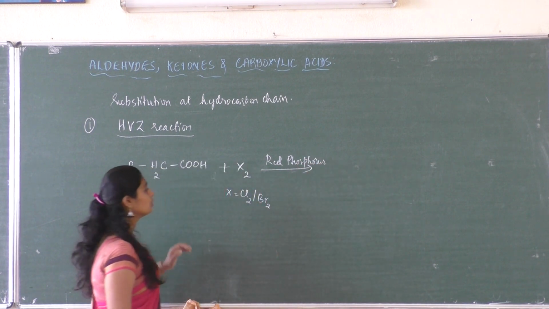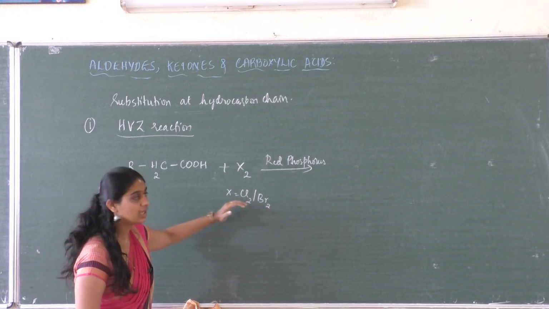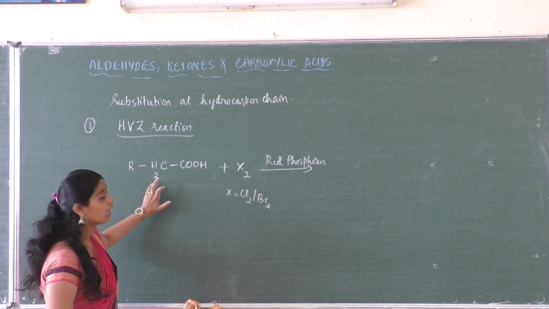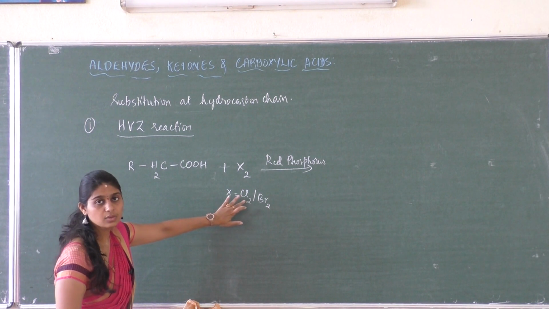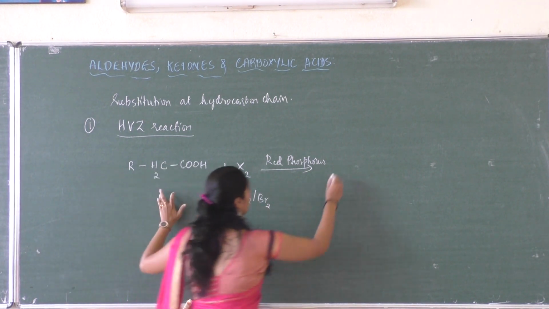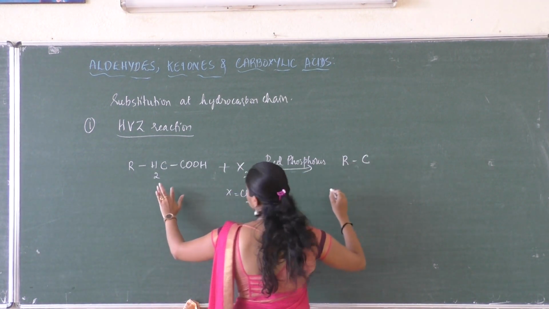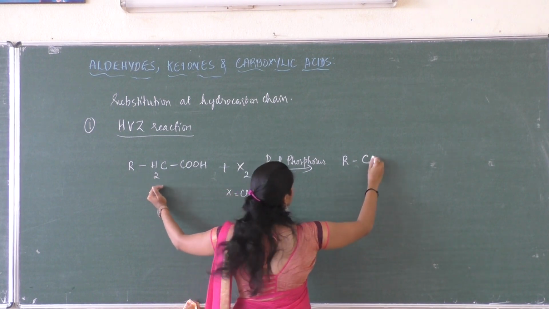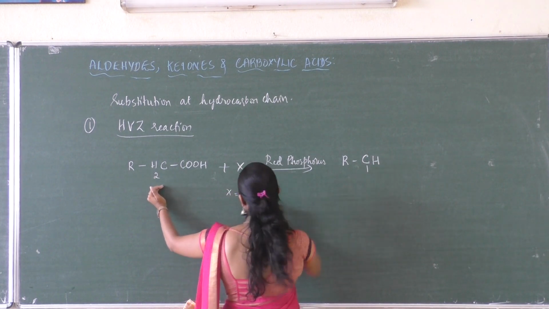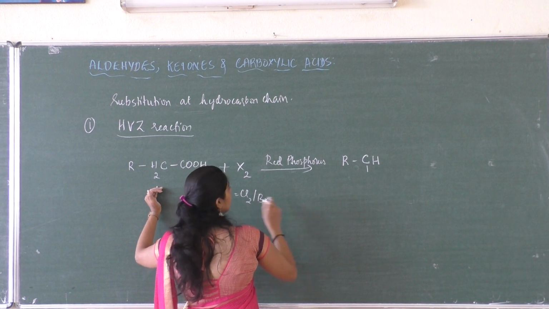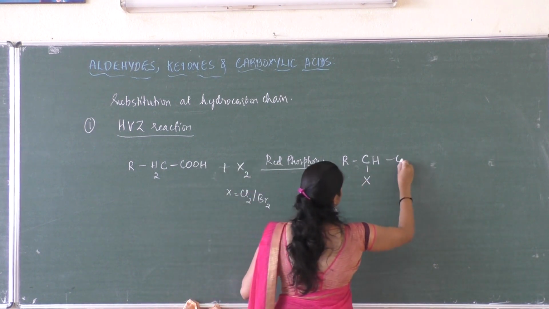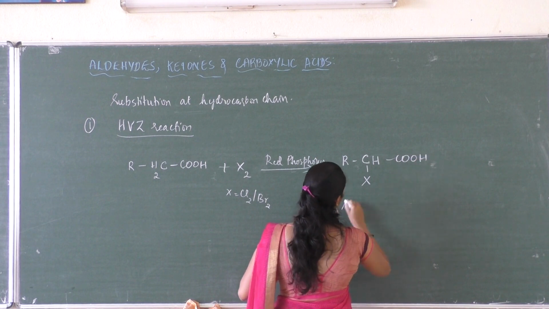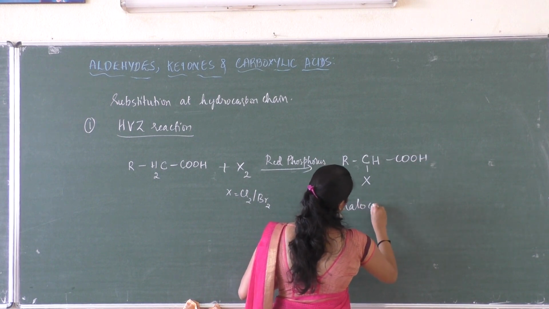So the substitution takes place by the halogen at the alpha position. Here hydrogen gets replaced by a chlorine atom, that is R, C, one hydrogen is removed, and then instead of hydrogen we write the halo group, X, and the rest as such, so as to form halo compounds.